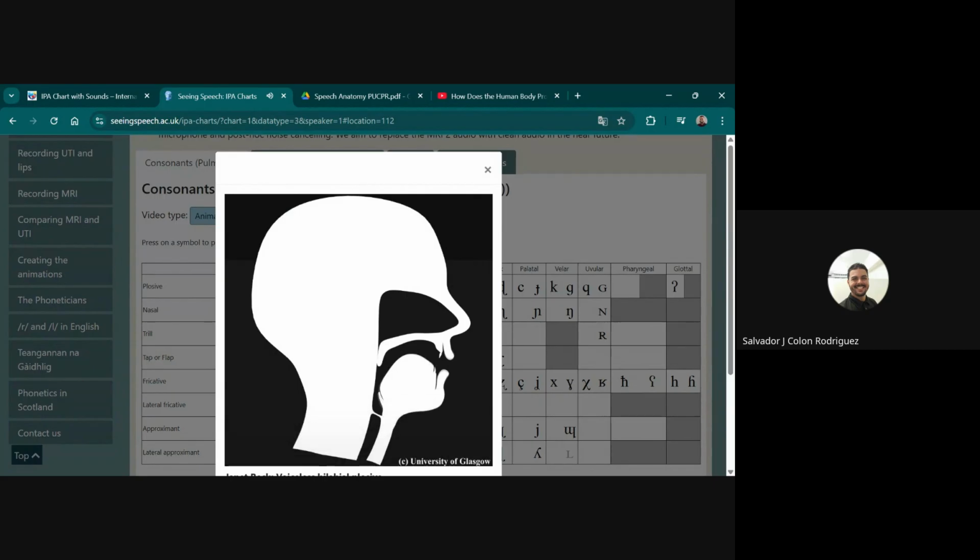Notice that here, this is the vocal cord. And if you see it, it is static. It's not moving. And if it moves, it's a really small amount. So that means that the P sound doesn't vibrate.